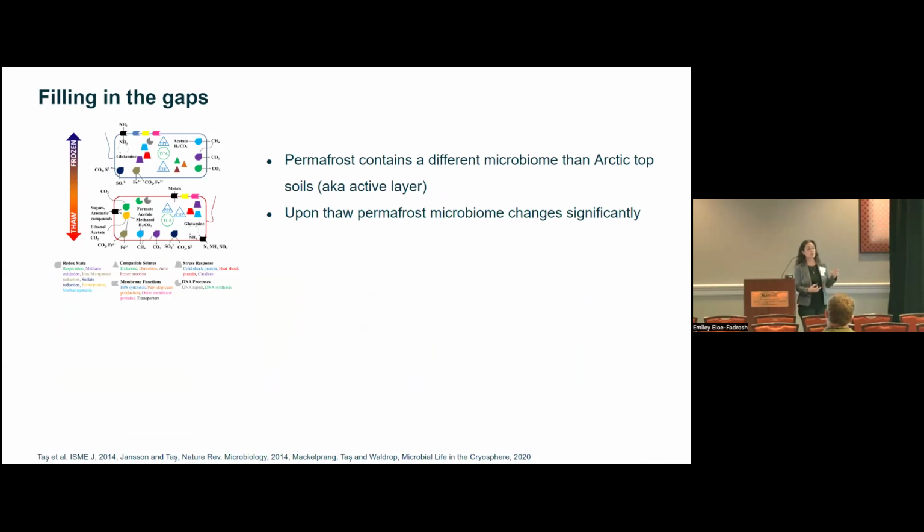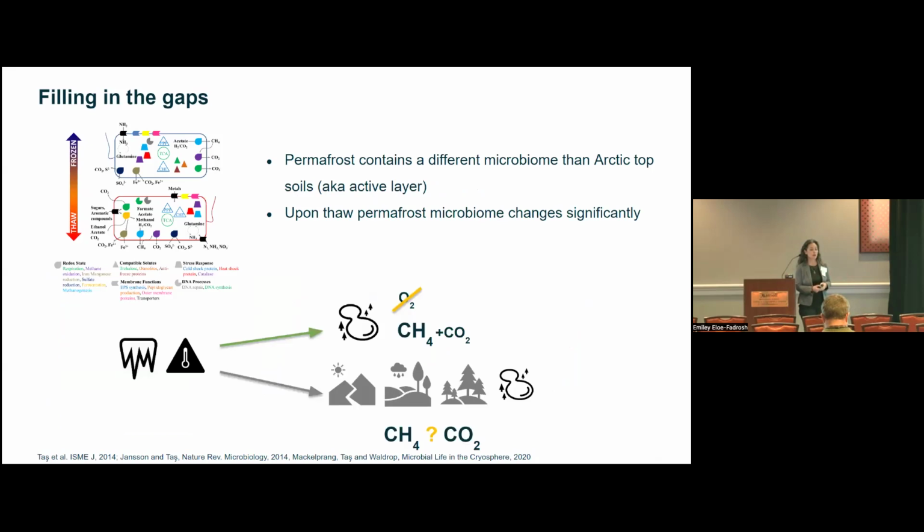systems. We know that the permafrost systems are quite different from the topsoils, and when they thaw, the change is huge. But the end result of it is very difficult to predict, because at least currently we know that almost any biochemical reaction that we know of that could happen in soil does happen in permafrost soils when it thaws.